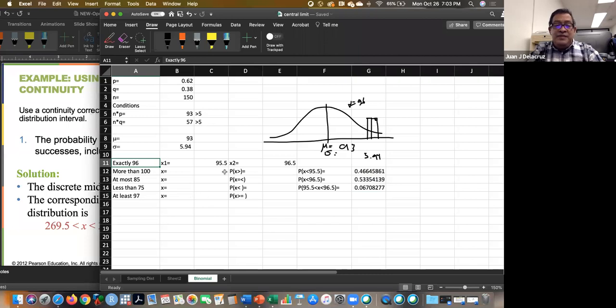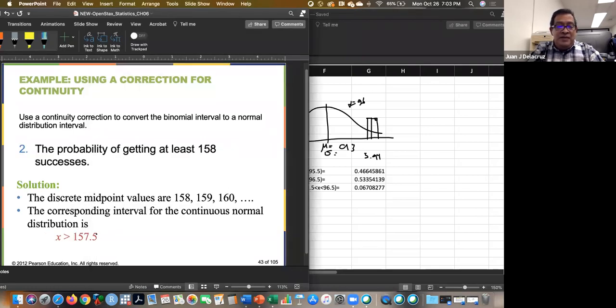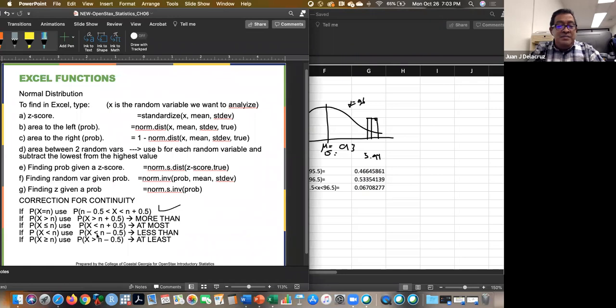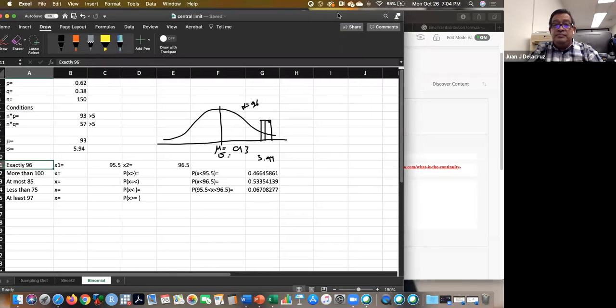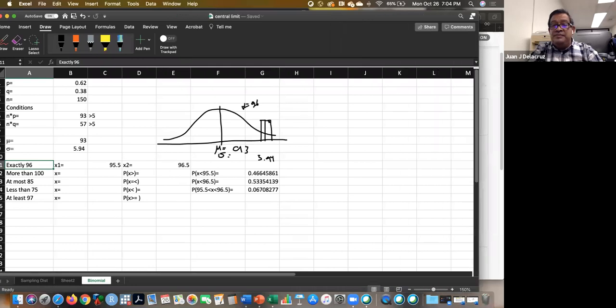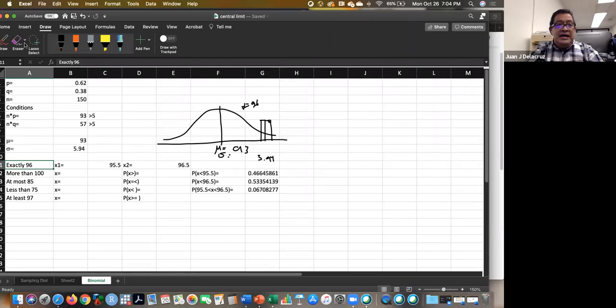So when we have this, that is more than 100. So remember, more than, let me go back to my table. When I see more than, I have to add 0.5. For example, in this case, more than 100. So we have the same thing.